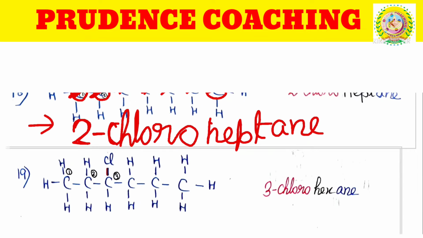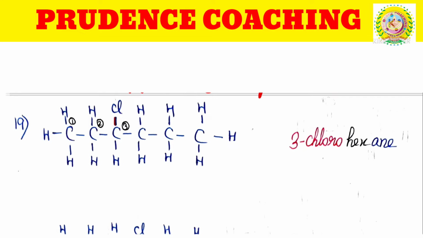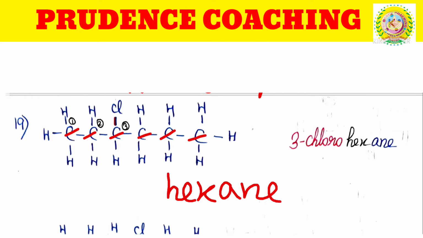So let us start with number 19 now. So here in number 19, as you can see, we have 1, 2, 3, 4, 5, 6 carbon. So you will use the prefix hex. In between the carbon we have single covalent bond, so ane. Now you can see the functional group chlorine or halogen here.